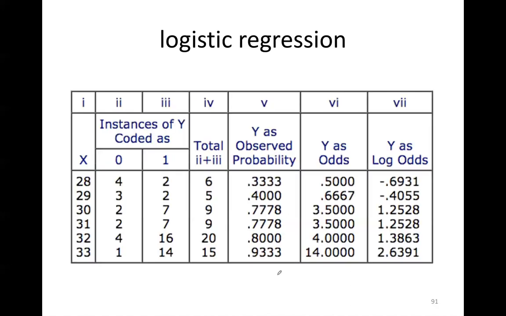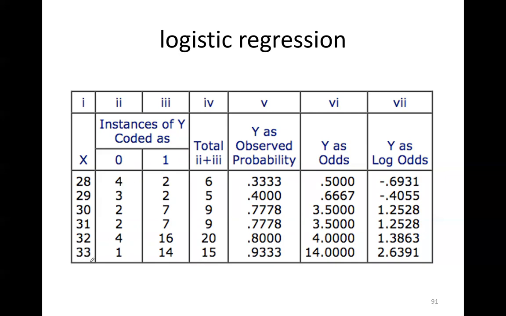Okay, this is basically an example where you have different x values, the experimental variable, and the response variable is 1 and 0, right? So for each x, when x was 28, the response happened as failure 4 times and success 1 time.